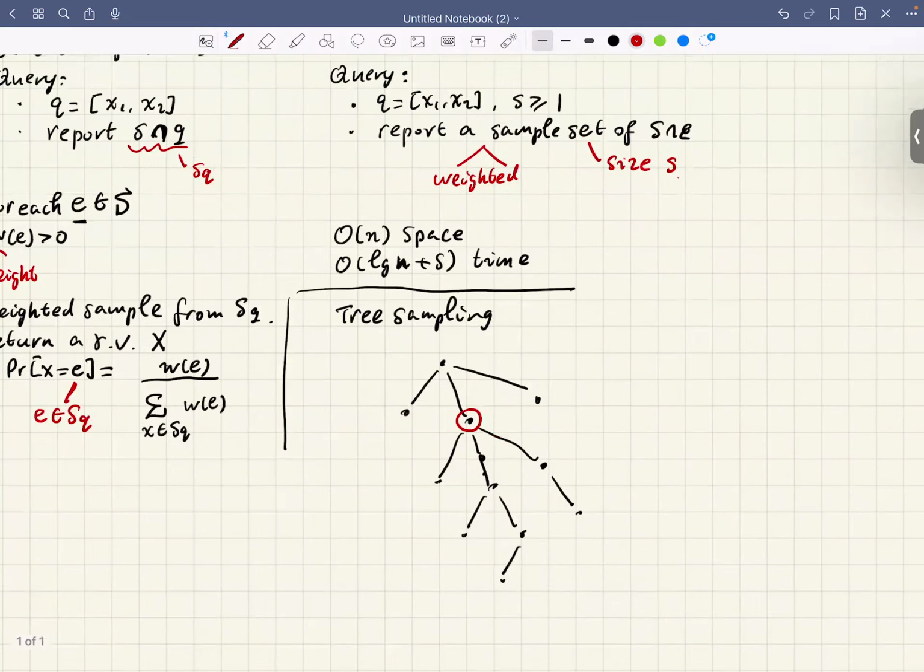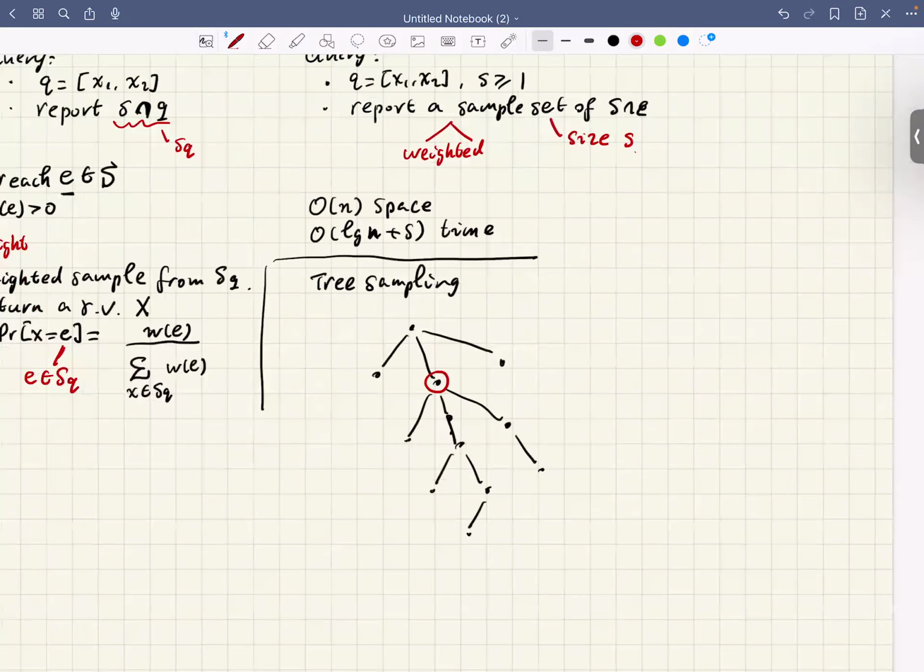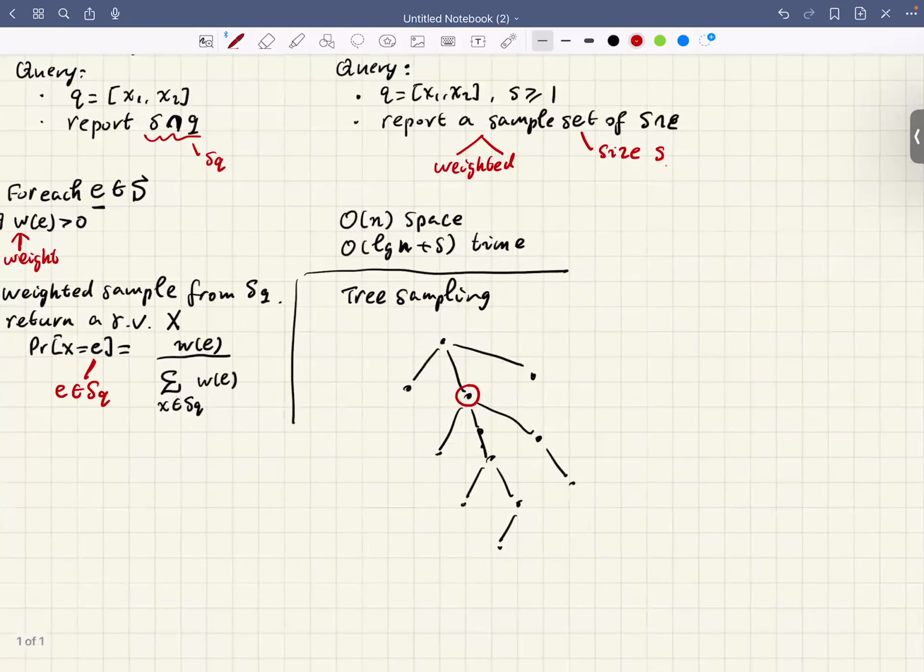Here is something we talked about last time. Last time we showed a reduction from tree sampling to this IQS version of the range reporting problem. If you have n leaves inside this tree, you are able to do linear space.